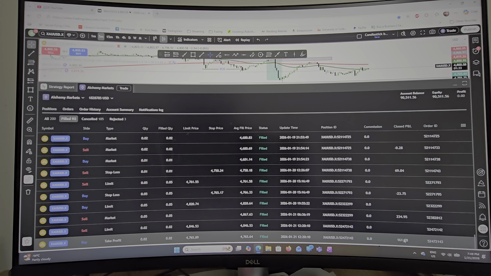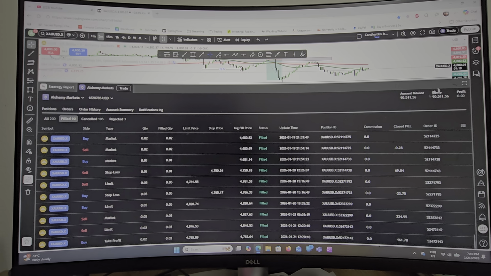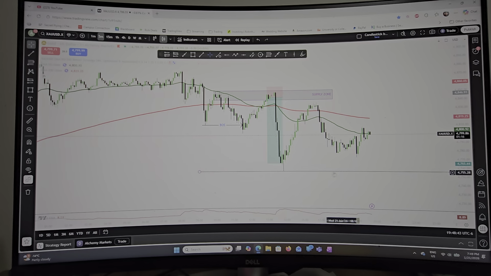So we made $161 for today, the 21st, at about noon, with 0.02 lots, and our take profit was at 47.65, which is right about there.